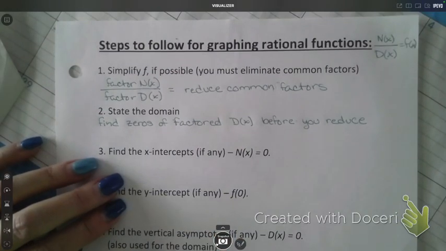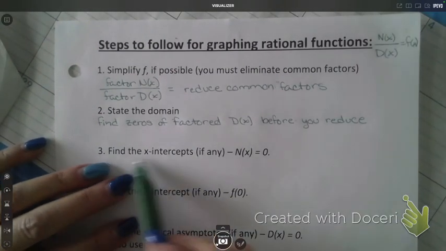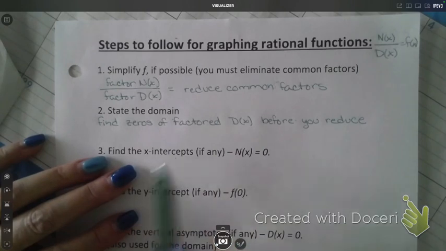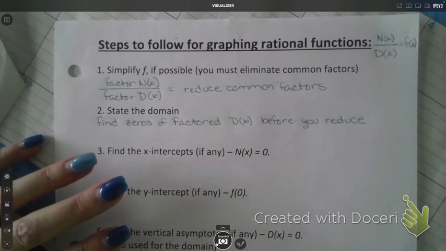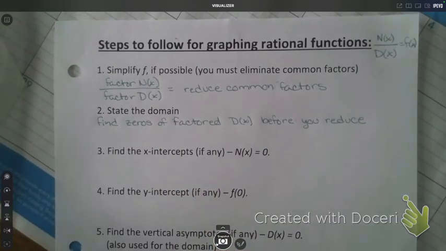So now we're going to find x-intercepts. We have found x-intercepts in every single equation we've ever done. On an x-intercept, where a graph crosses the x-axis, what is the y every single time? 0. So every single time we set the function equal to 0.